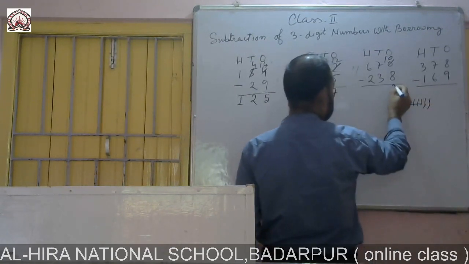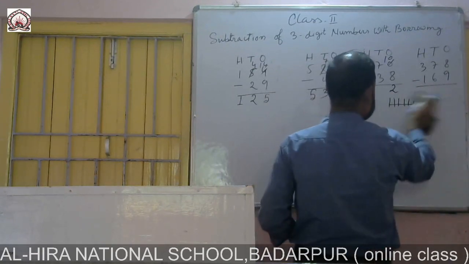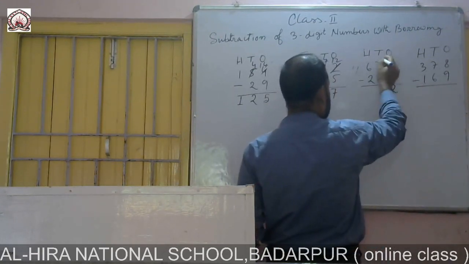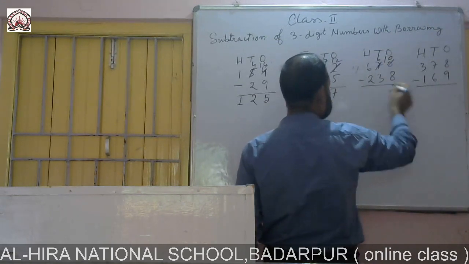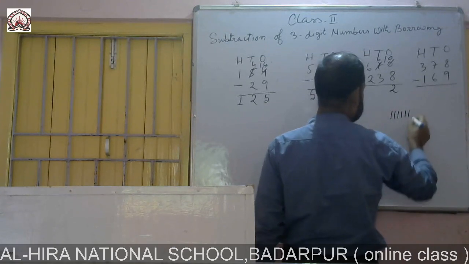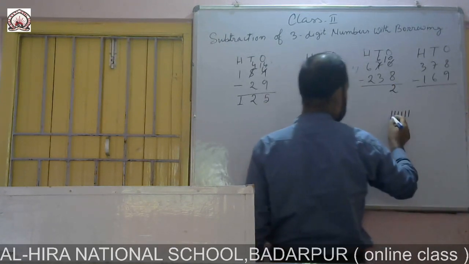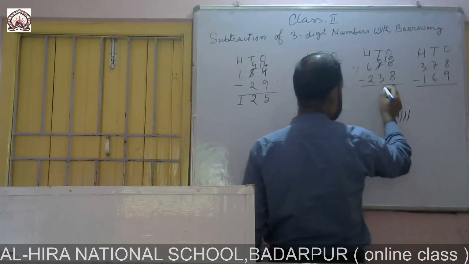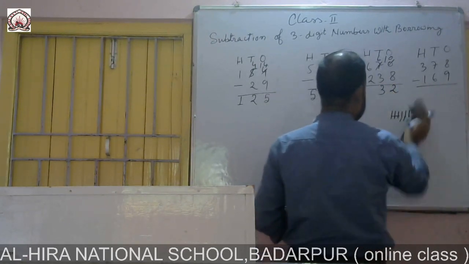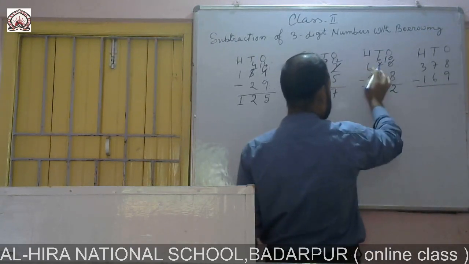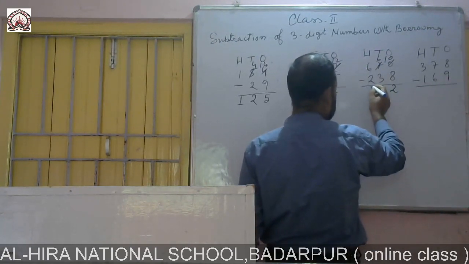So here 2, and from this 7 we borrowed 1, so there remains 6. 6 minus 3 is equal to 3. And there 6 remains. 6 minus 2 is equal to 4.